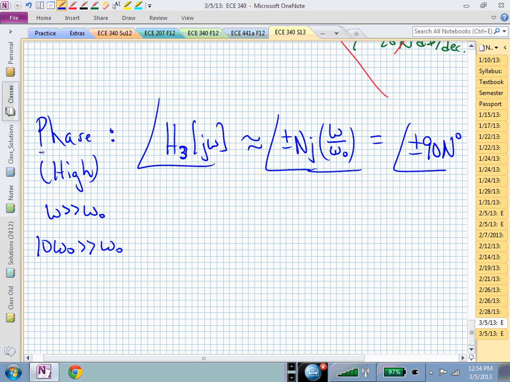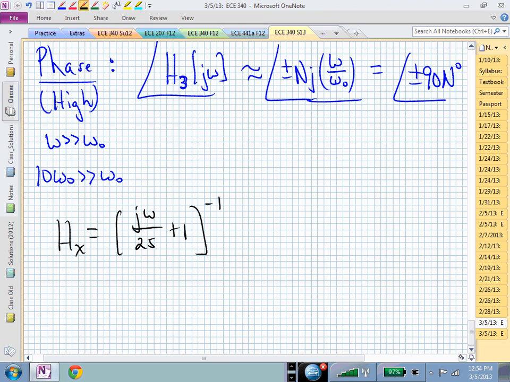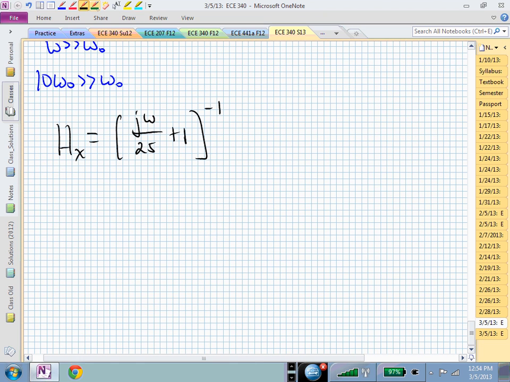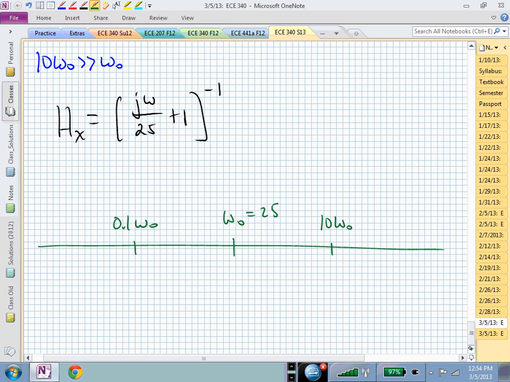In our example that we were dealing with before, where we had h sub x, was this j omega over 25 plus 1. Now what we can do is, again, sketch the 3 frequencies. We found a value of 0 degrees when we were a decade below the break frequency.